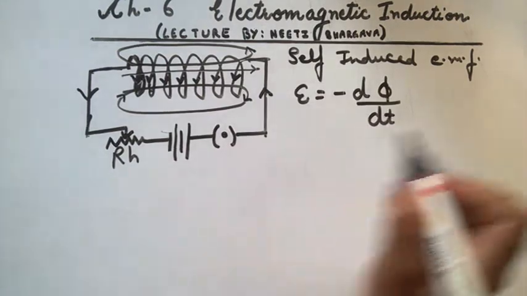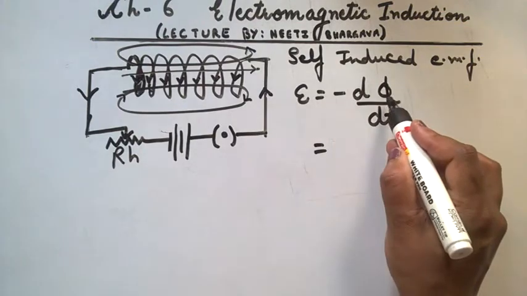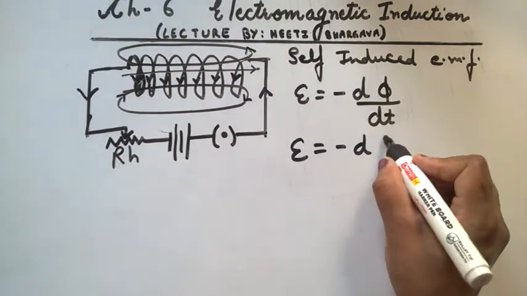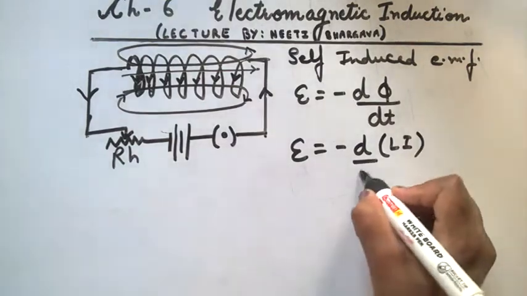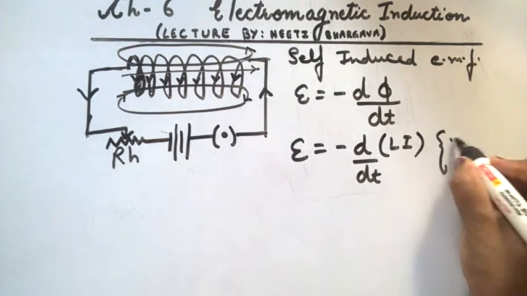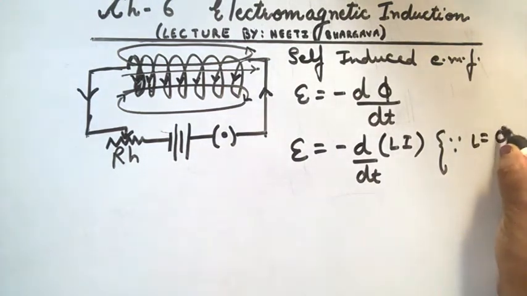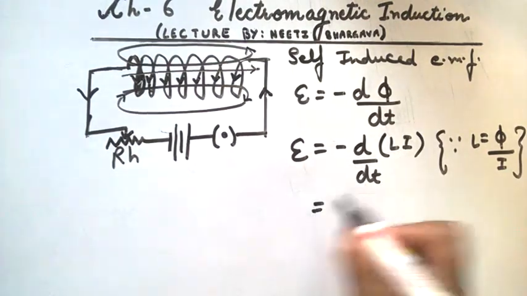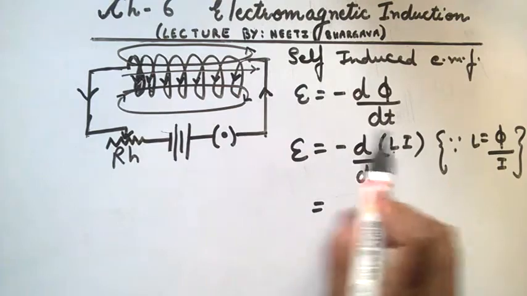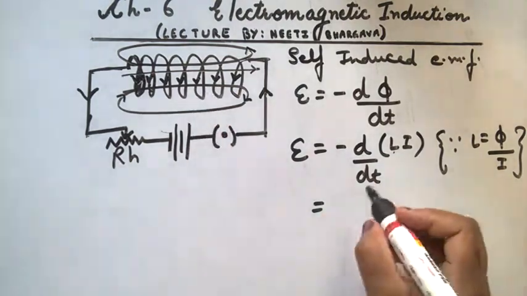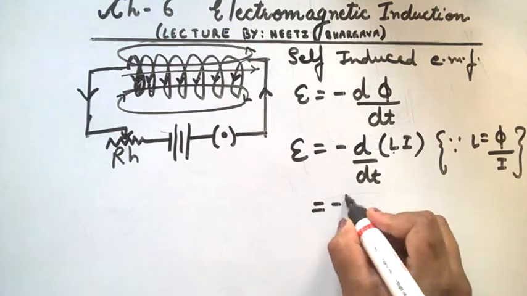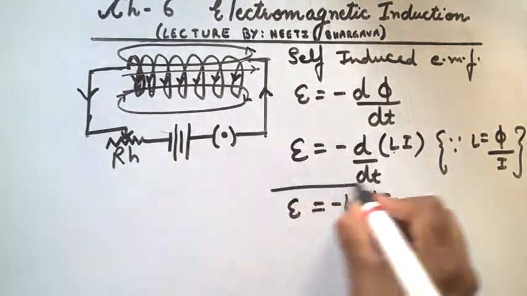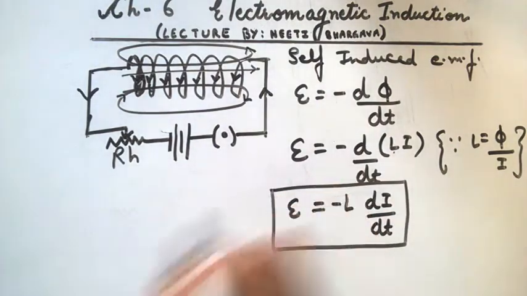And as we have studied, in terms of inductance, flux is equal to Li, as L is equal to phi by I. Inductance is constant for a particular coil, therefore we take it out and we get L di by dt as the self-induced EMF.